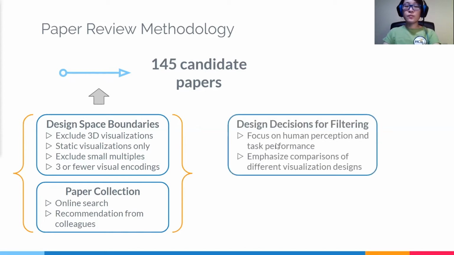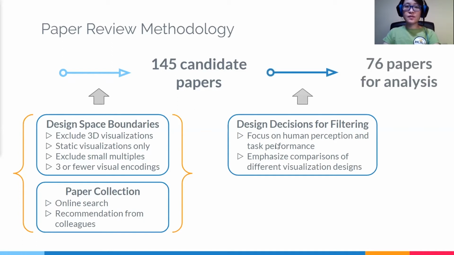We then proposed 2 main design decisions to exclude unrelated papers. We only keep papers that focus on human perception and task performance or emphasize comparison of different visualization designs. These filtering steps left 76 papers for our analysis.